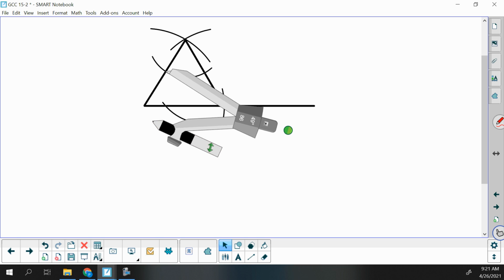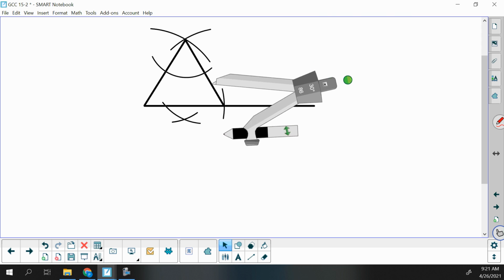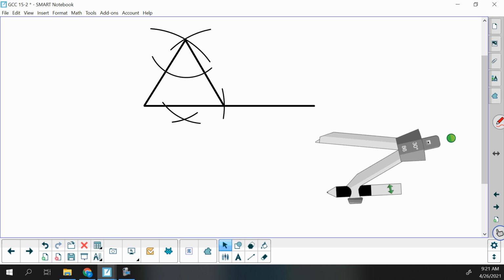Put your point on the other intersection and make that same arc to get an intersection. Where they cross, that's where you want to connect from the vertex. So go from the vertex straight down.